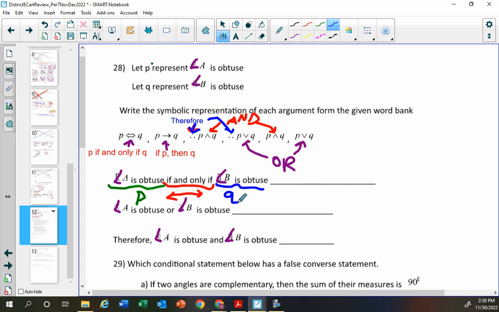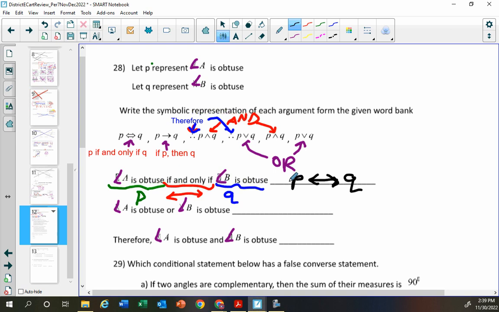So really, your final answer, if you want to write the symbols, there's your P, the two-way arrow, and Q, and you're done. That's all you have to do. You're just translating from words and phrases to letters and symbols.